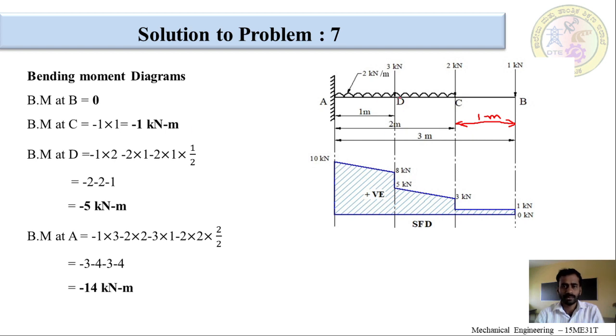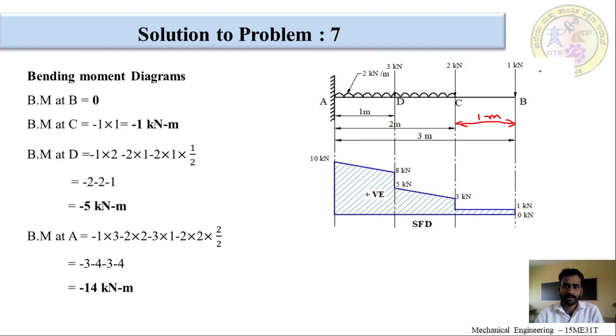Now, moving on to the bending moment at D. What is bending moment at D? For this we need to consider this load and this second point load as well as this UDL.